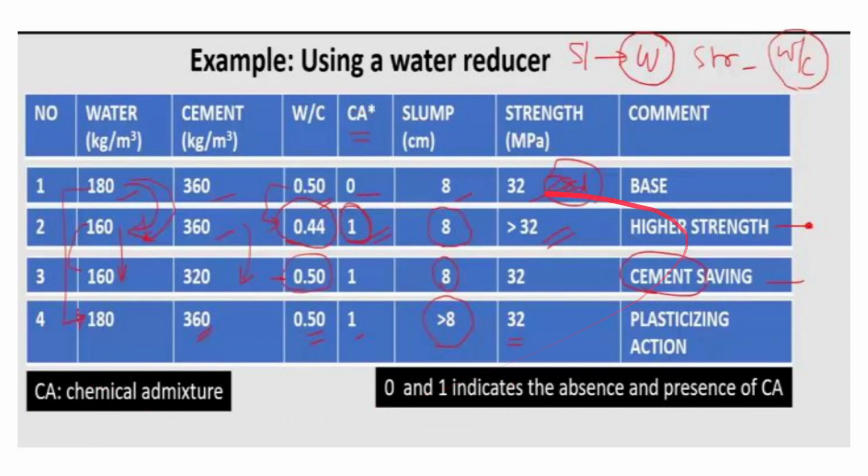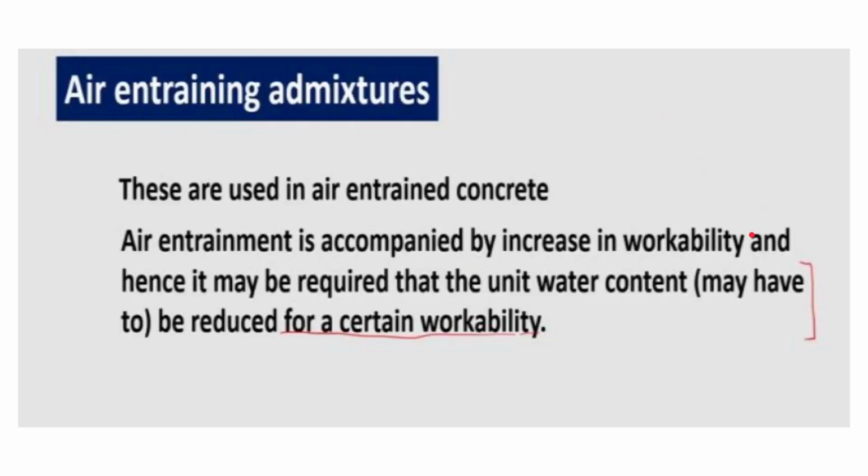So that is the use of chemical admixture as a water reducer, as a plasticizing agent, for saving cement, as well as for increasing the strength, okay. These are the utilities, okay.